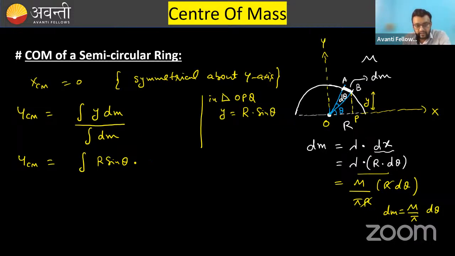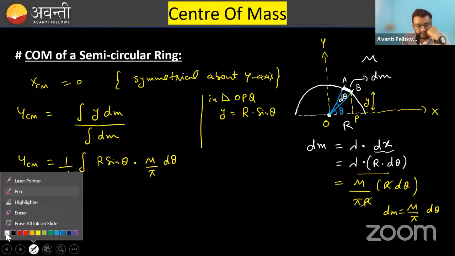So I will put the value of dm, m by pi d theta. Clear? Divided by integration dm. Integration dm means total mass, and total mass is M. Now we need to integrate it. Just integrate it.